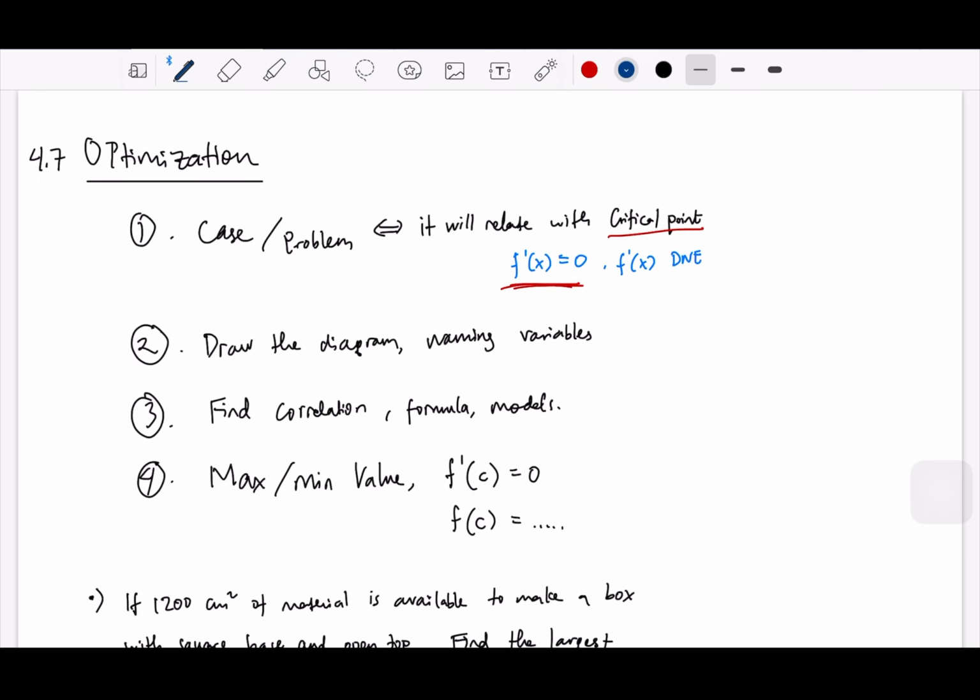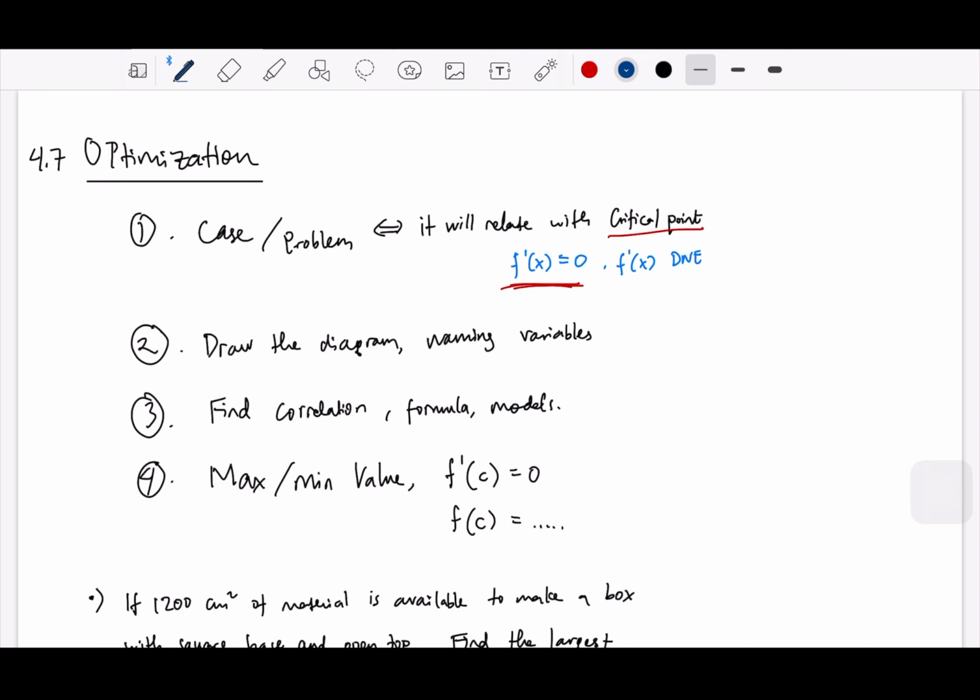Maybe the formula is given and you just need to optimize from that formula, and maybe having another set of conditions that you need to think about. Okay, and the formula may also be related to some graphs, like the tangent in the tangent graphs, and maybe it cuts and makes some area, and then you need to look for the area, finding the critical value of that area.